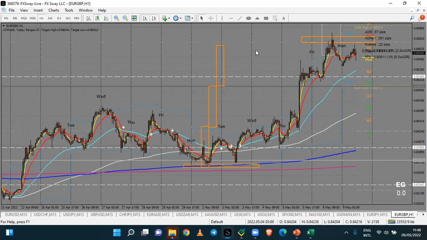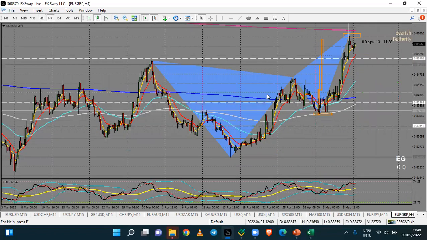And on the hour 4, it has almost touched the CMA. But if this peak were set in a very good way, then we should touch the CMA and then have a downtrend there.